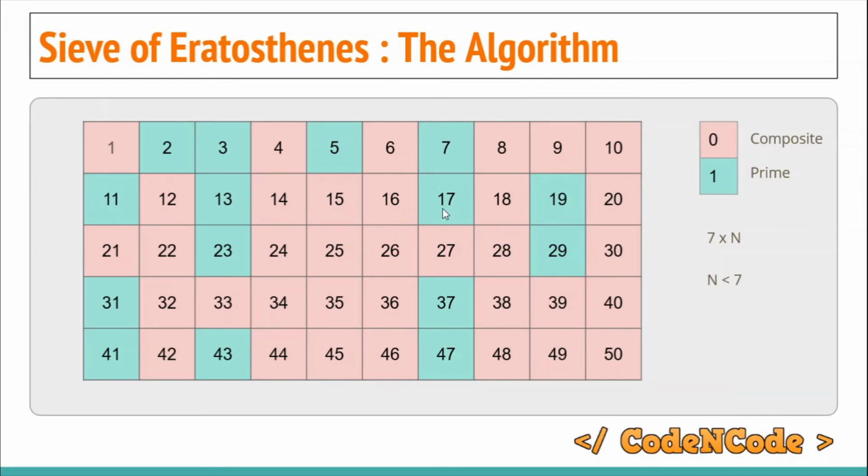Take the example of 17. If no number below 17 is able to divide 17, then 17 has to be a prime number. And if someone divides it, then it would not be a prime number. If someone was dividing 17, then it would already have been marked as 0. But since it is not marked 0, it is a prime number.